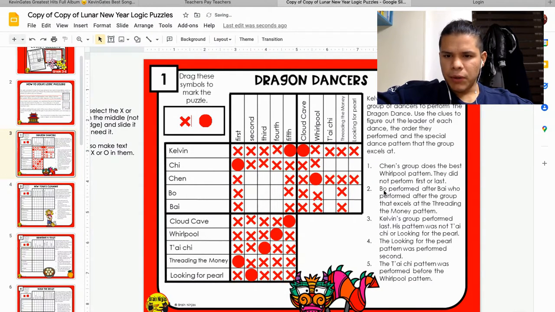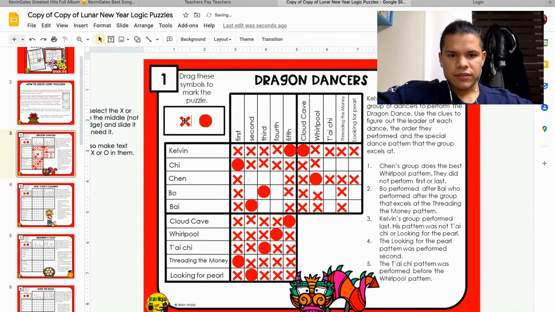Now, it says Bo performed after Bai, who performed after the group that performed the threading the money, which was Chai. So Chai went first, Bai went second, then Bo went third.